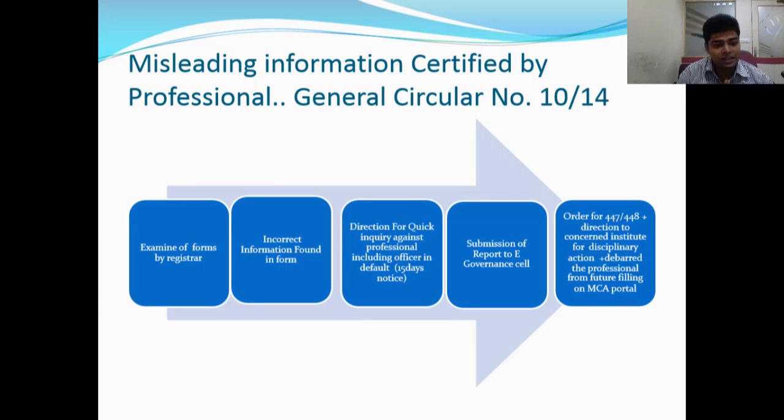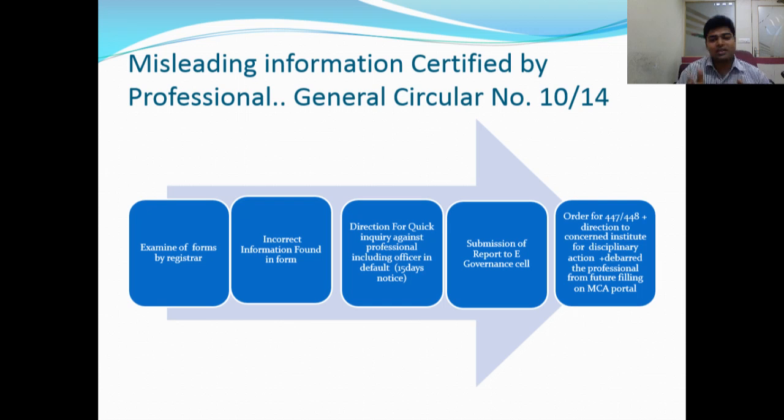Now, all forms are to be examined by a registrar. If incorrect information is found in the form, they can give a direction for a quick inquiry against the professional, including the officer in default.